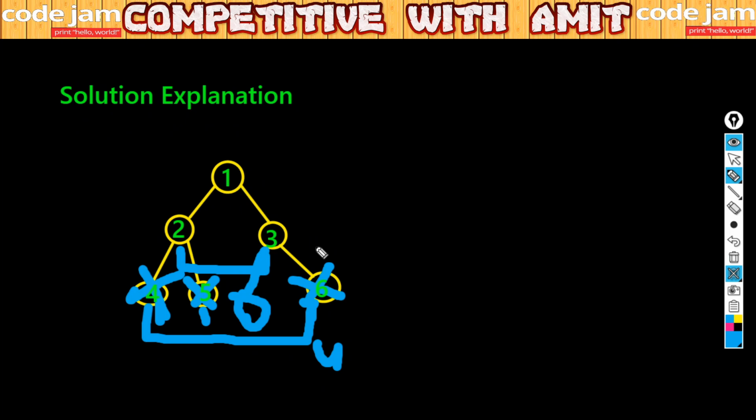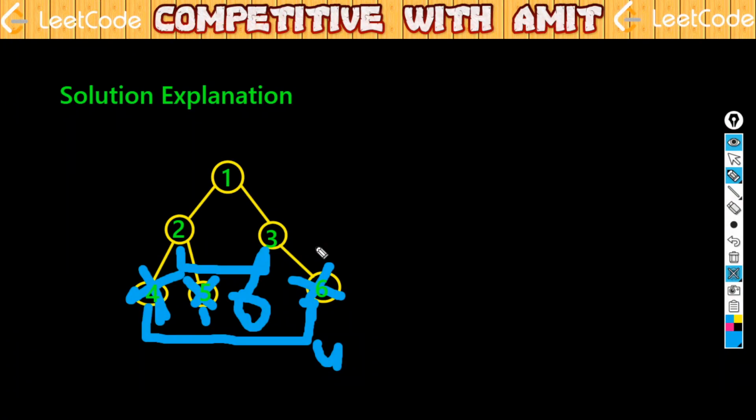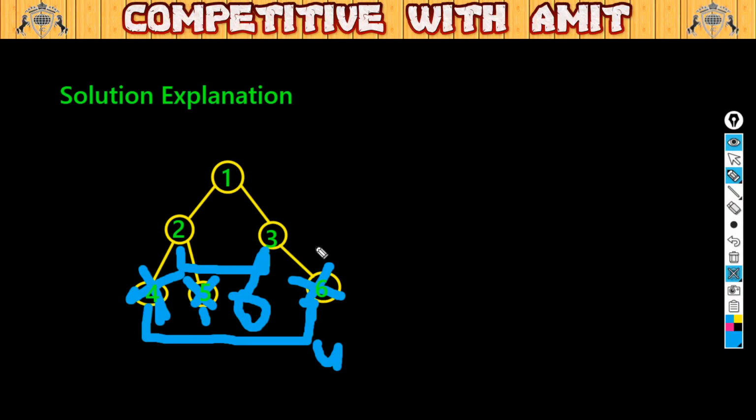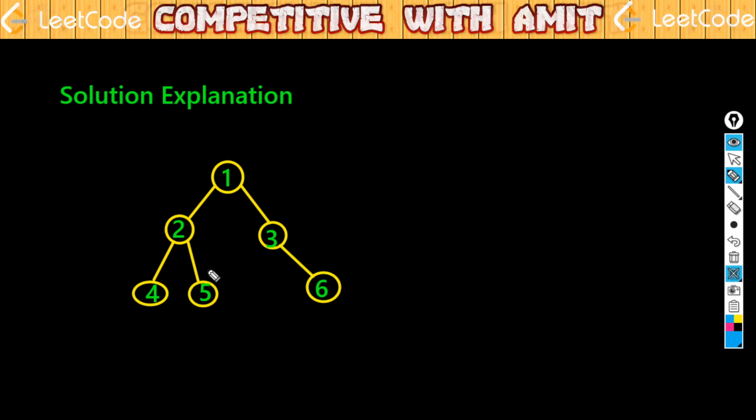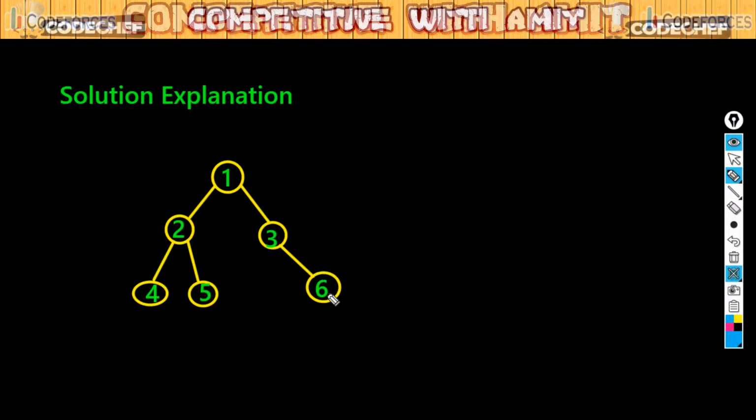So how will we find the distance? The main thing is, if we find some index by which we can represent the tree, then easily by subtracting we can find the difference. Let's suppose we have this tree and we have to find the difference between these and this. We can easily find it by 6 minus 4.